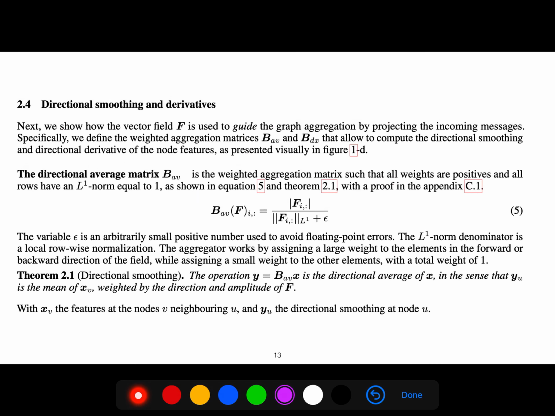Then they talk about the directional average matrix, B, which is a weighted aggregation matrix such that all weights are positive and all rows have an L1 norm equal to 1. The operation is the directional average of x in the sense that y is the mean of x, weighted by the direction and amplitude of f.